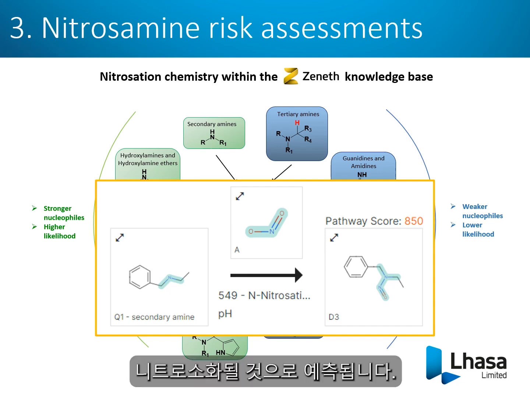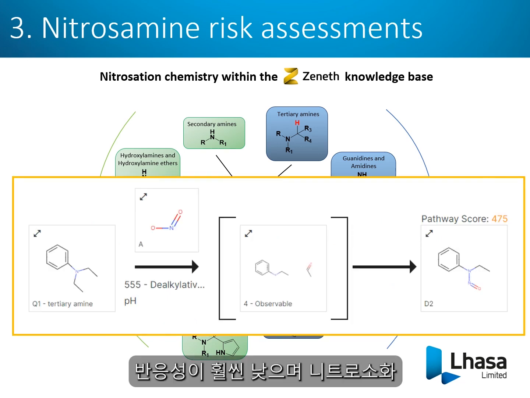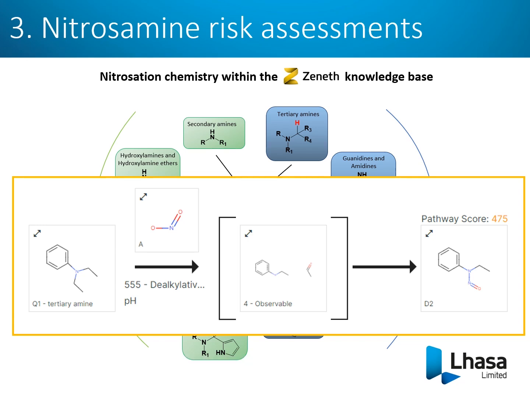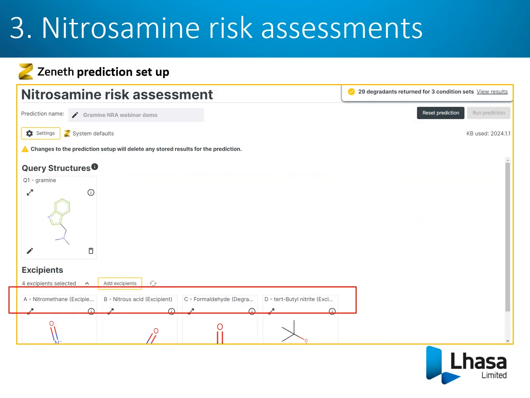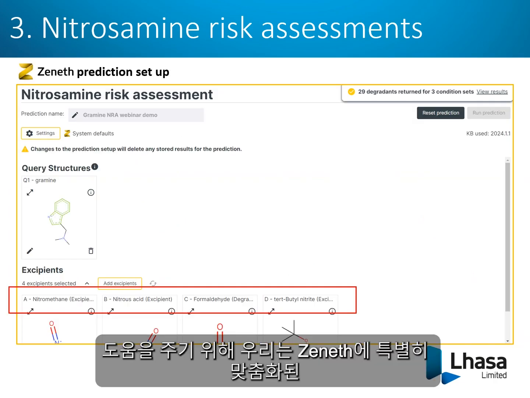whereas some tertiary amines are much less reactive and require an initial dealkylation step before they can be nitrosated, so they are predicted at a lower likelihood level of formation. To assist with understanding all these theoretically possible pathways, we have implemented a specifically tailored nitrosamine risk assessment prediction in Zeneth.